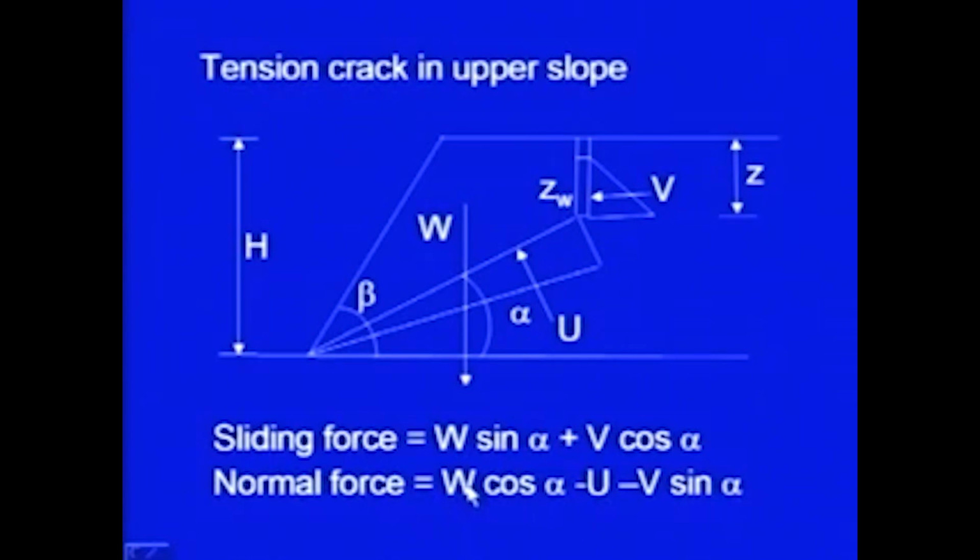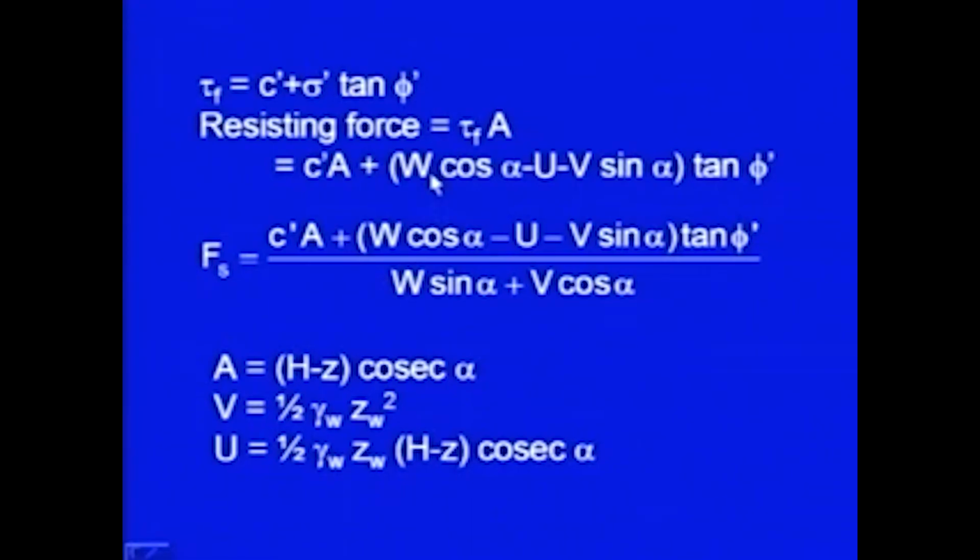So, the normal force will be W cos alpha minus U minus V sin alpha, times tan phi dash, and this is the resisting force, and the sliding force was W sin alpha plus V cos alpha. We had already calculated it.